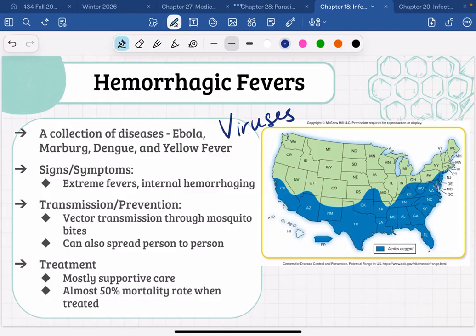But in 2014, we saw the first worldwide outbreak of Ebola. There was a huge outbreak in urban areas of Sierra Leone and Liberia, which are both countries in Africa, but it also spread to the United States because of travel. And in that particular outbreak, 14,000 people died in one outbreak.